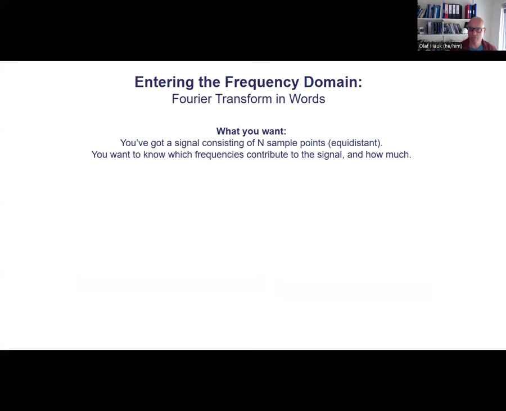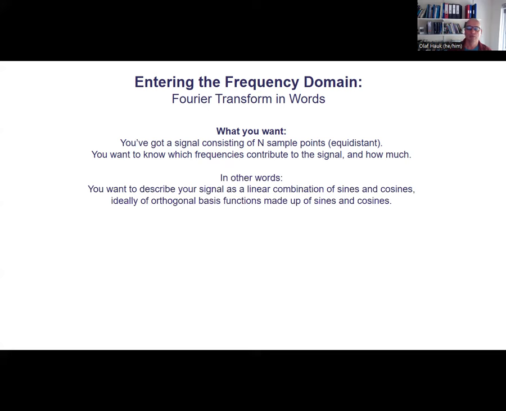Depending on our sampling frequency and the length of our signal, there can be more or fewer of these sample points. Let's say we've sampled our data at 1000 hertz and we have a 1 minute recording, then we have 60,000 samples. Now you want to know which frequencies contribute to your signal and also by how much. Some frequencies may be more strongly represented, others less strongly.